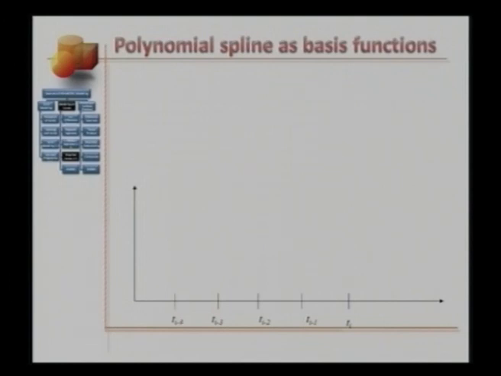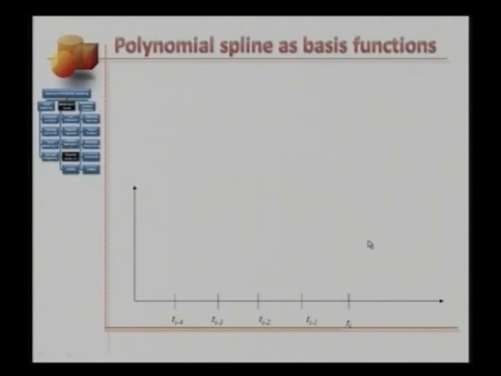Let's introduce another knot to the left, Ti minus 4. A word first about how I try to compute and construct B-spline basis functions. I like to go from right to left. There are many books that would go from left to right, but it doesn't matter.